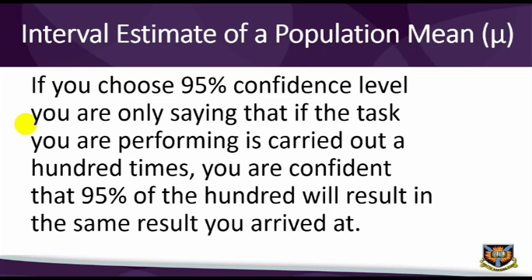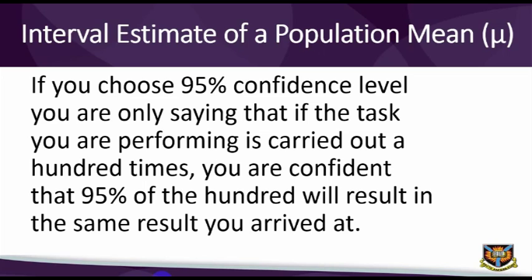The choice is that of the researcher. What exactly are we talking about when we say confidence level? In layman's language, when you choose a confidence level, you are only setting a level of accuracy for yourself which you feel your work can achieve.